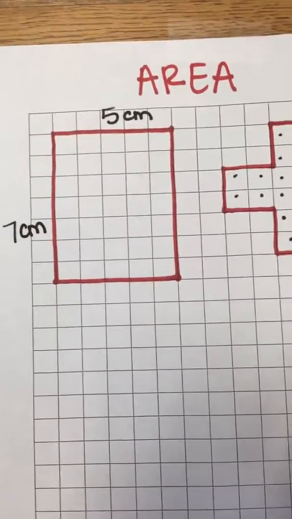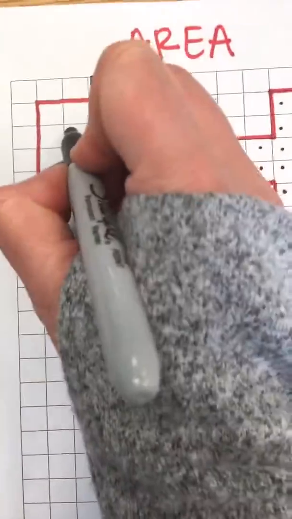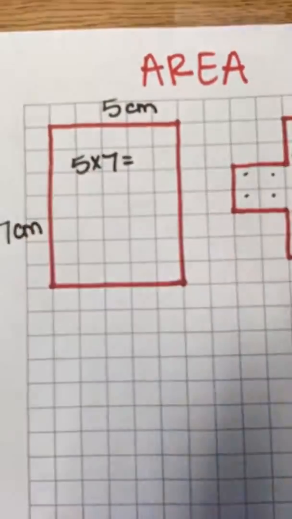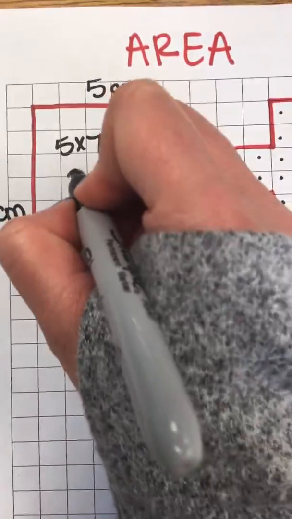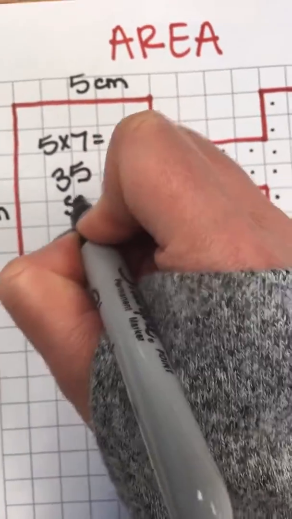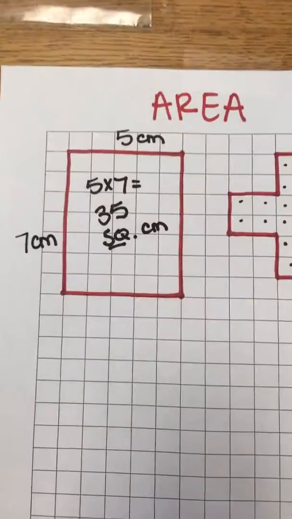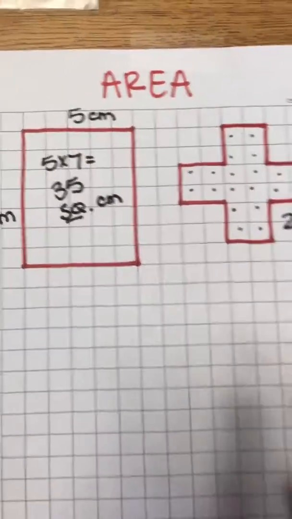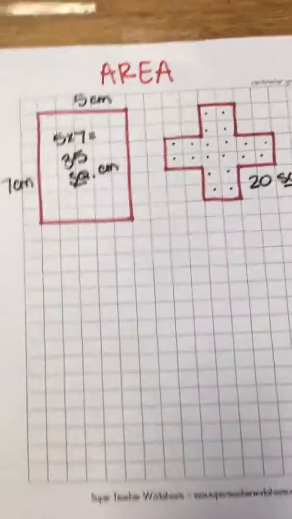And now to find the area, we multiply. We know 5 times 7. 5 times 7 equals 35 square centimeters. Don't forget your label, square centimeters for area, because we're counting the squares on the inside of the shape.